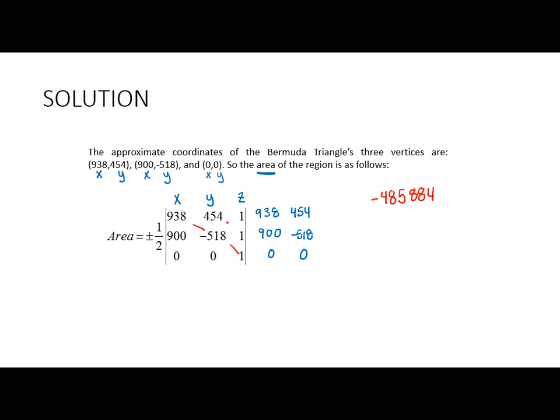The second number is a lot easier because it's just 0. And third number is a lot easier because it's just 0. Alright, next, we're going to multiply going up. 0. And then finally, we multiply 900 times 454. 480,057.